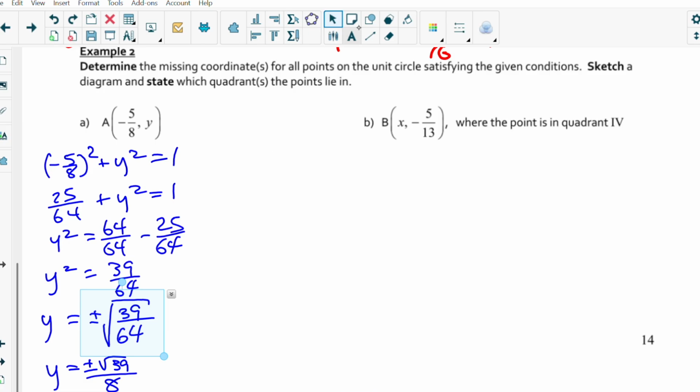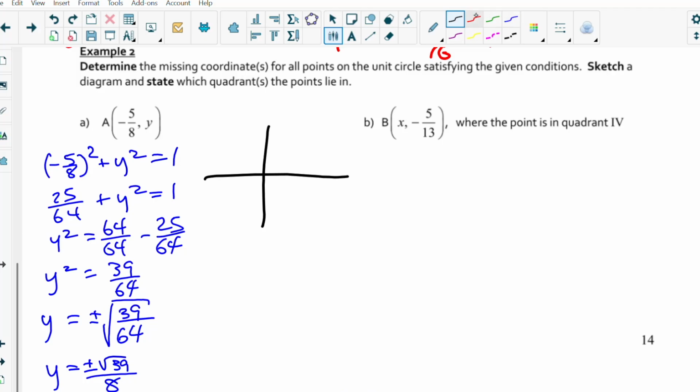Okay, so if I draw my diagram of a unit circle, okay, there's my unit circle, and I have negative 5/8 somewhere around here. Here's that point. This is negative 5/8, positive square root of 39 over 8.